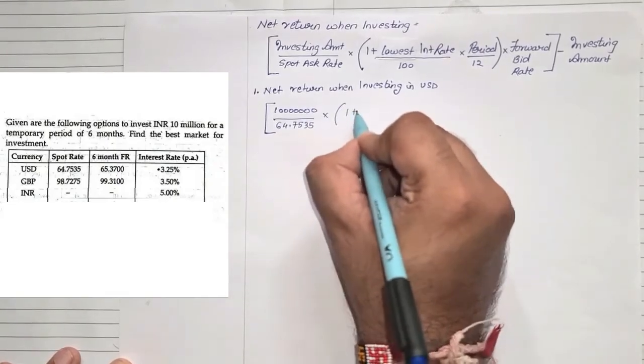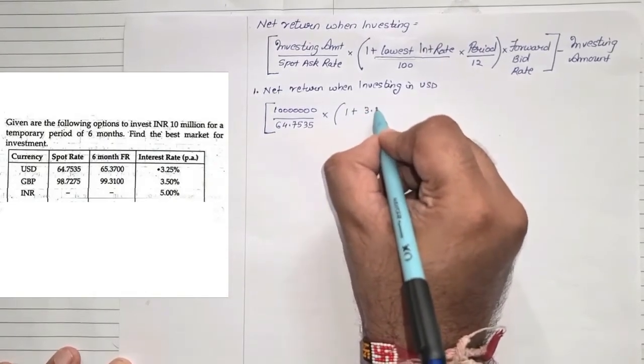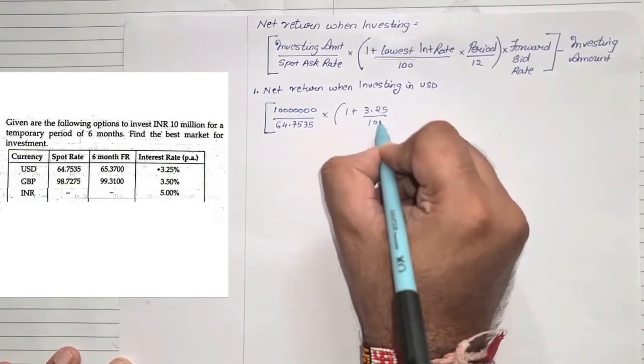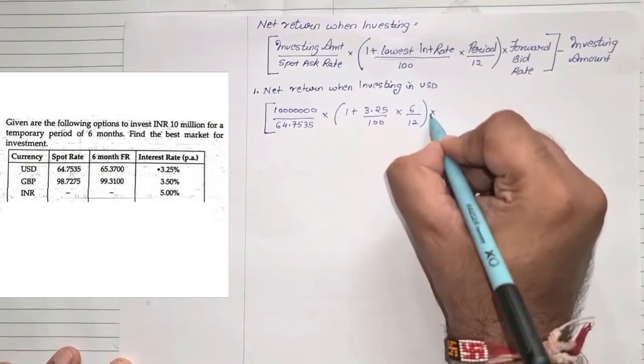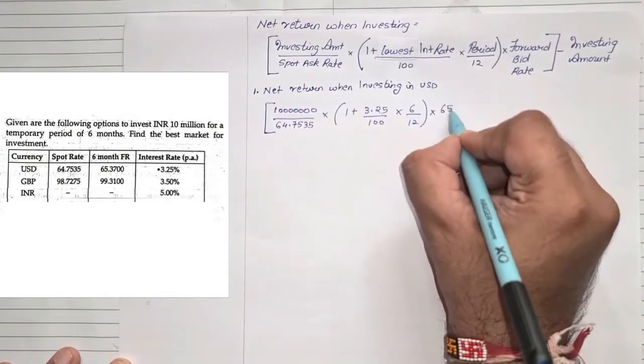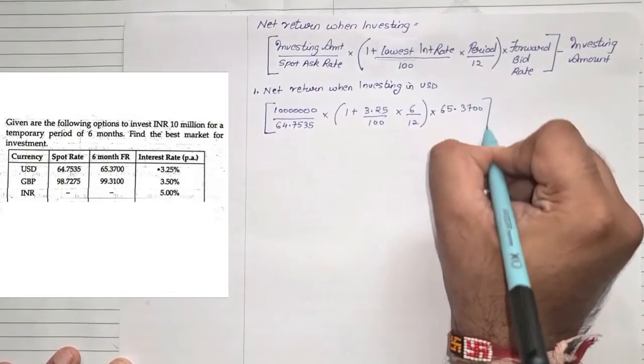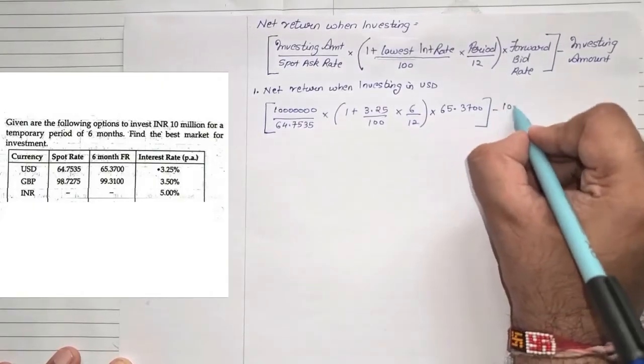into 1 plus the lowest interest rate. Now there's only one interest rate, we will take that as 3.25 upon 100 into 6 months, so 6 divided by 12, into the forward. There's only one forward rate, so I'll take it as 65.3700, minus the investing amount, which is 1 crore.